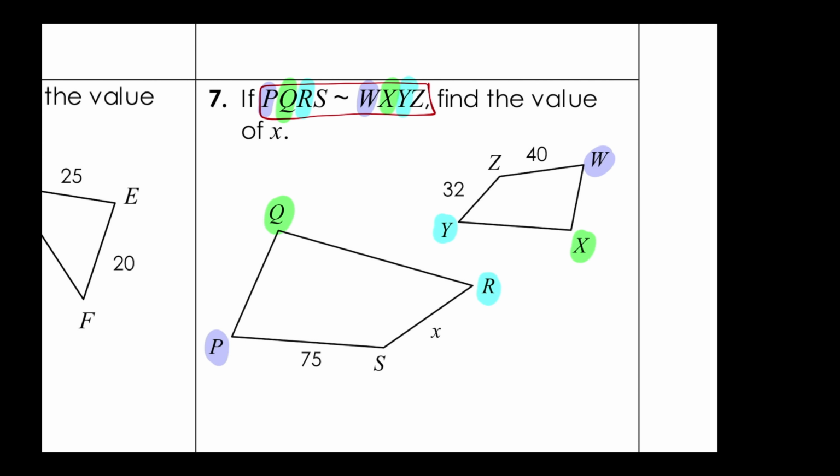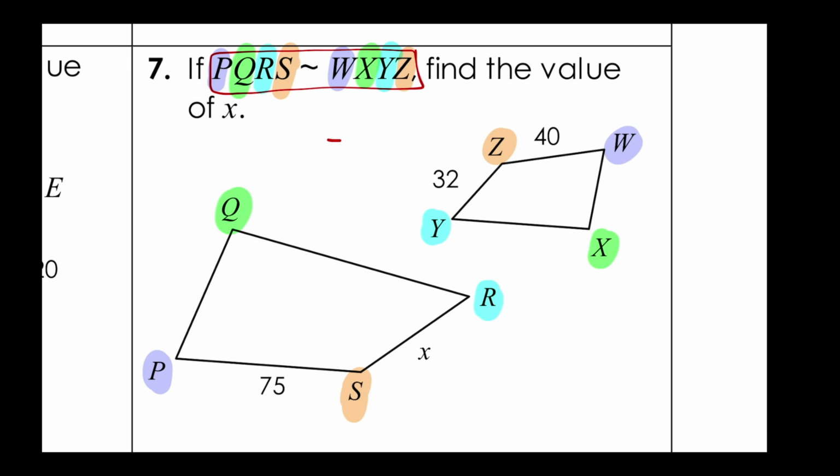Let's pick a third color. S and Z also match. So you see there? So the first thing you should do, if you're stuck and they give you a similarity statement, you should match up the things.